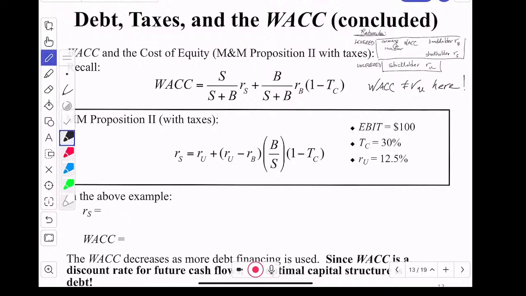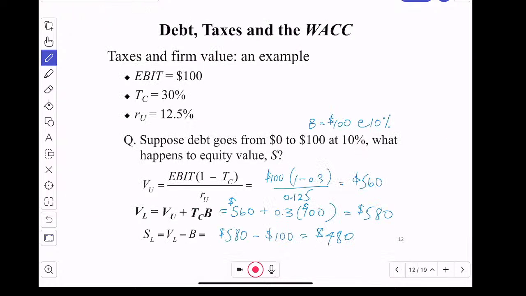So RU, which is 12.5%, plus 0.125 minus RB. RB was 10%. That's what this means.